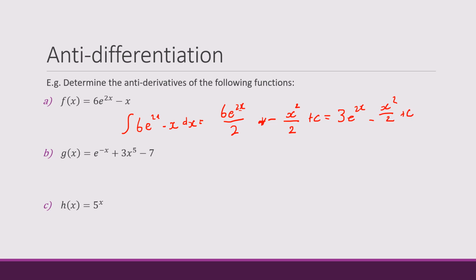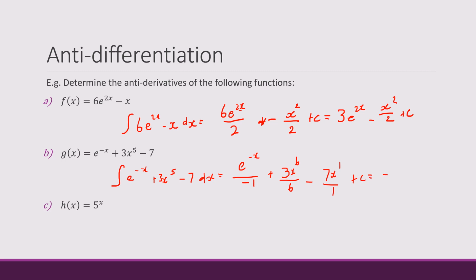Excellent. Next one, my integral of e to the negative x plus 3x to the 5 minus 7 dx. Similar to the last one, the integral of an exponential is just itself, but this time we're dividing by negative 1. Plus 3x to the 5, power goes up by 1, divided by the new power, minus 7, power up from x to the 0 to x to the 1, divided by 1.